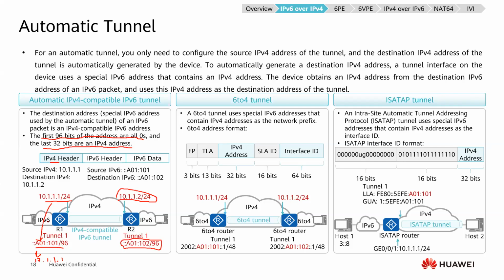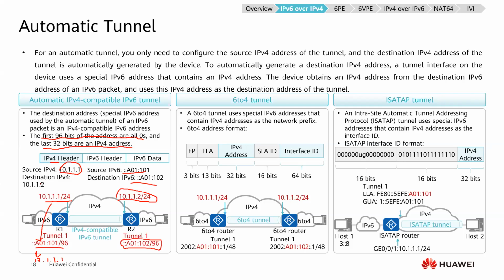So when R1 wants to communicate with R2, it uses the IPv6 address. It will contain the IPv6 source and destination address like this, right? And then it will send this to the tunnel. Before it is sent into the tunnel, it will be encapsulated into an IPv4 packet. So it will encapsulate the source IPv4 address as 10.1.1.1, which has been configured manually.